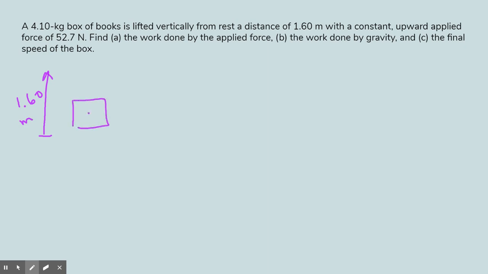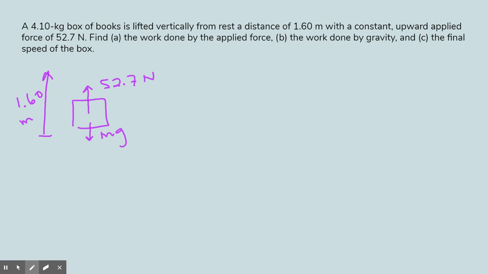So here's my box. I'm going to draw the force going up, 52.7 newtons. And as with anything that has mass, we know there's going to be an opposite force. That's mass times gravity. Since it's moving upward, we can assume that this upward force is larger.